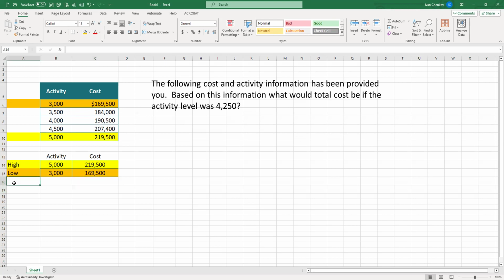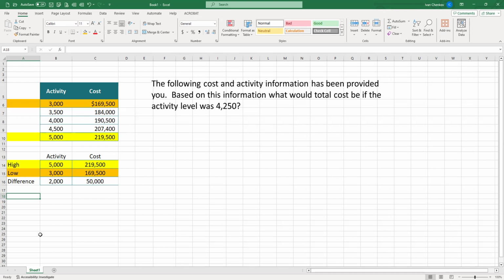So we have everything. Now what do we have to find? We have to find the difference. The difference will be equal to 5,000 minus 3,000, and the same formula for cost: this one minus that one. So I have the cost on one side and the level of activity on the other. Now I can express the variable cost component.